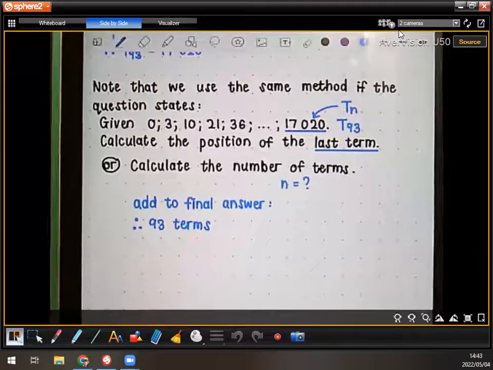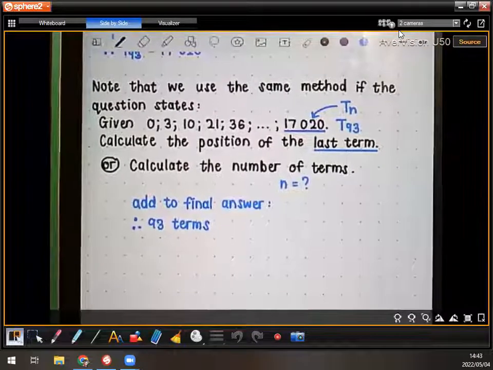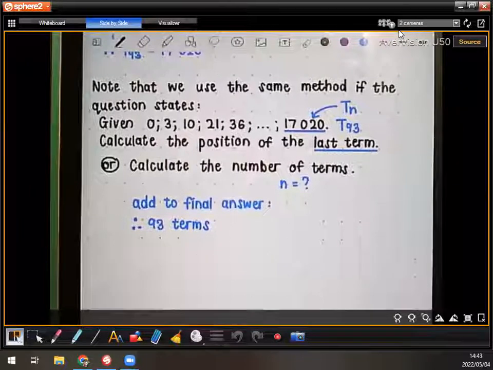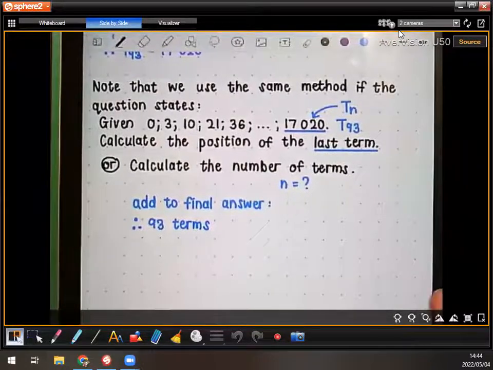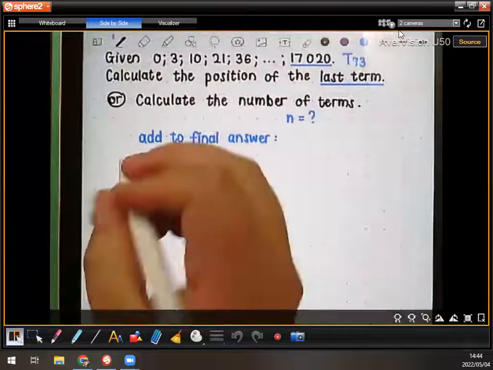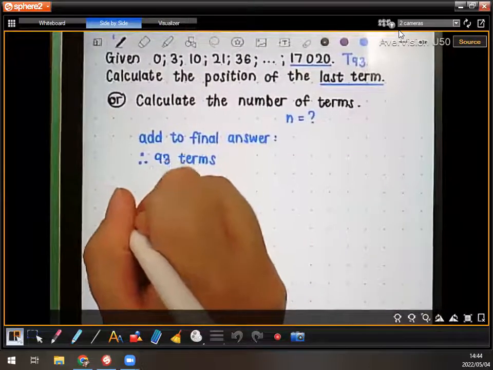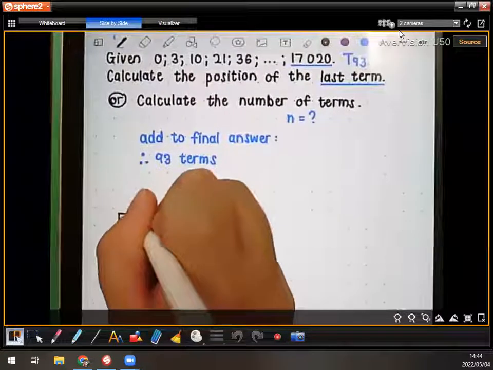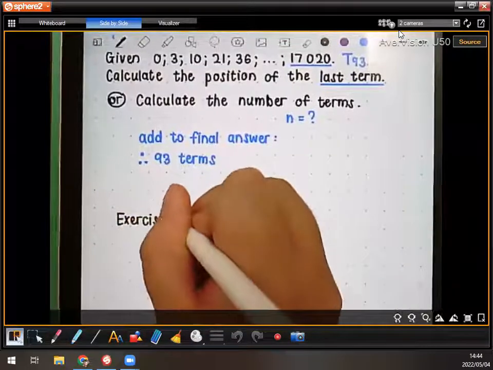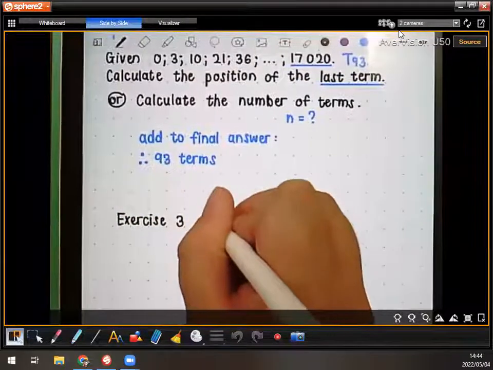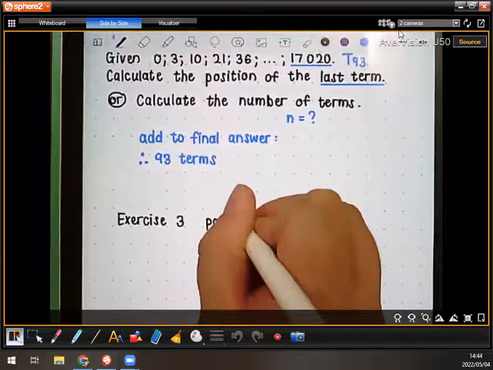Okay, I'm going to give you some of these to practice on your own. It's basically what we just practiced. The way that it's written in the exercise is a bit strange though, so I just want to show you quickly that it is exercise 3 in the textbook, on page 49.